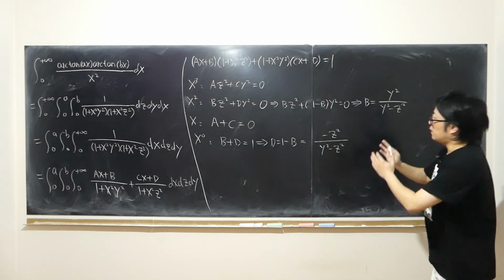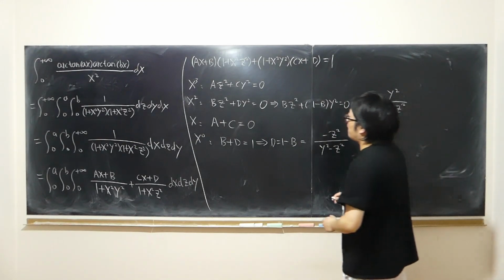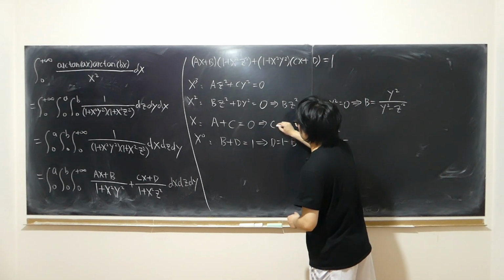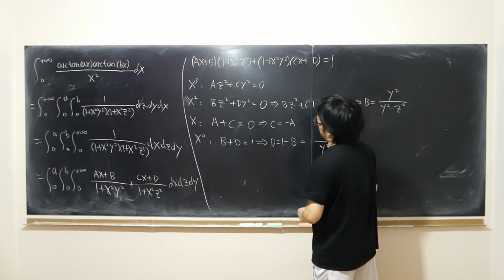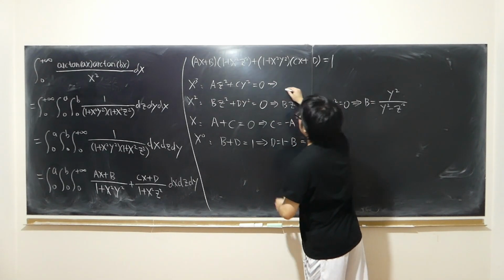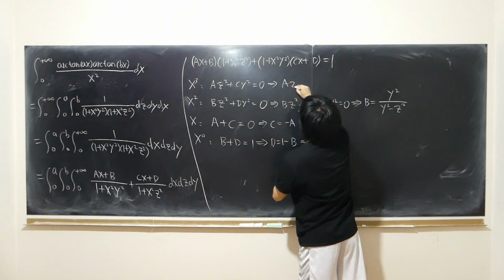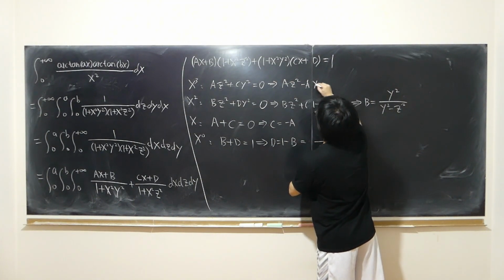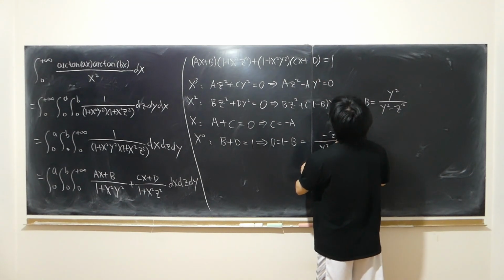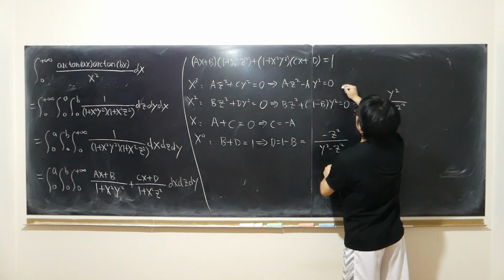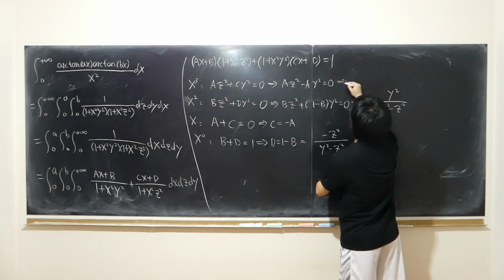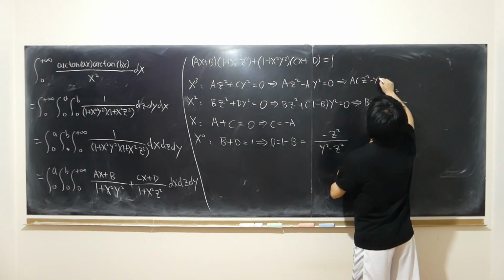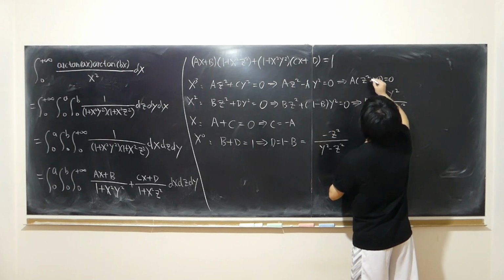So what's a and c? This tells me that c is negative a. But this tells me that when I say a times z squared, minus a times y squared, always equals 0. When you factor out a, z squared minus y squared always equals 0.